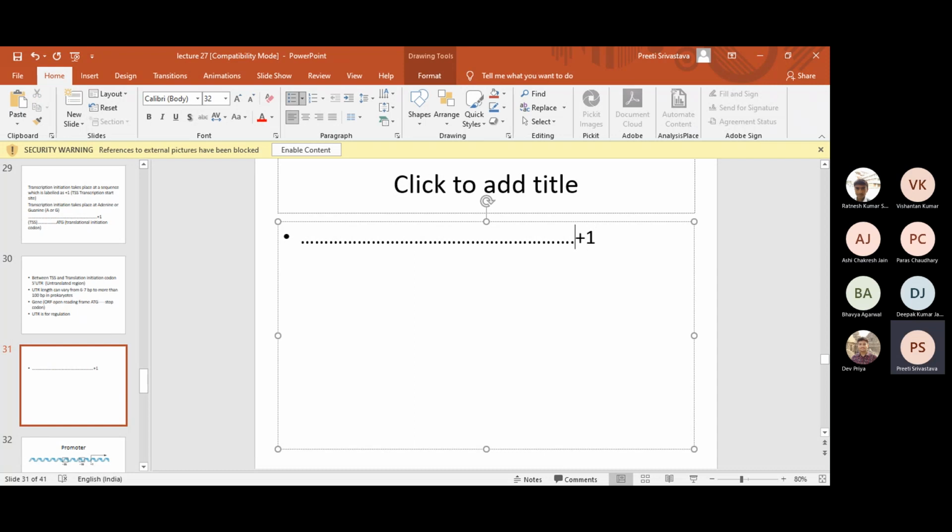So then you got the idea of +1. From this +1, if we count, there is a region in the promoter which is depicted as -10, and then there is another region depicted as -35.